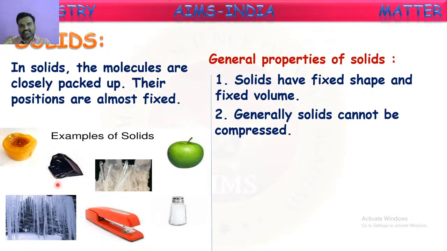So when you press the sponge, the air present in the sponge will go out into the gaps created, and these molecules of the sponge will move. Because of that, we can compress a sponge, but it does not mean it is not a solid. It is a solid. That compression is because of the air present in the sponge.